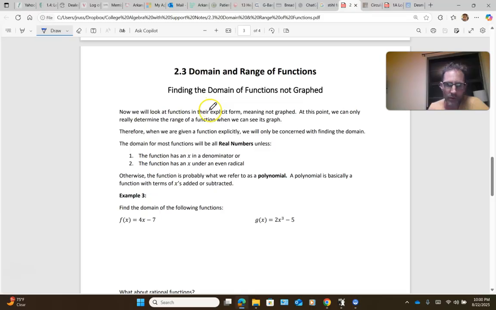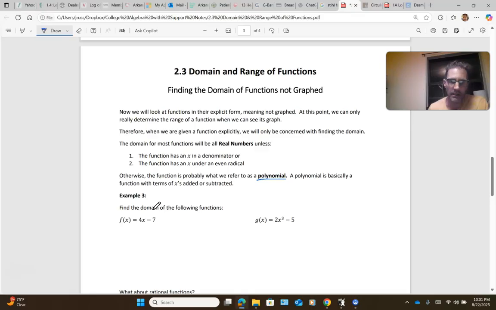So yeah, we're going to be looking at functions in their explicit form. Really, guys, virtually all, well, I guess more or less all of the functions that we've looked at have been what we define as polynomial functions. These are functions that just have different powers of x in them.